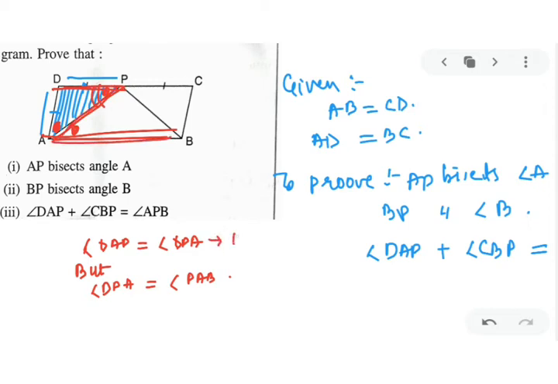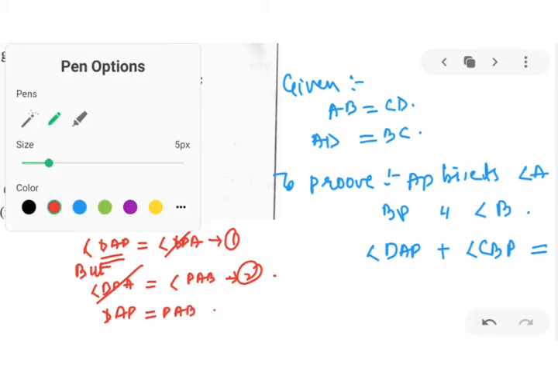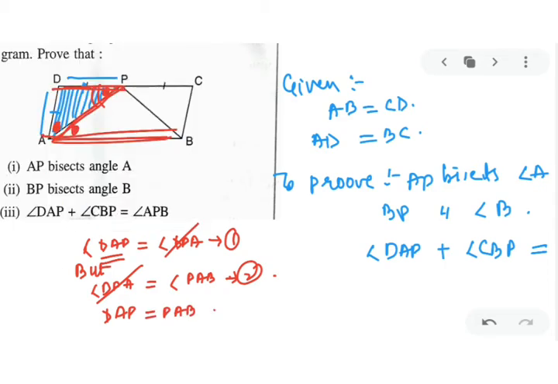In your first equation, you say DPA is equal to DAP. In your second equation, you say DPA is equal to PAB. So here you can cut DPA. So what will be remaining? That DAP is equal to PAB. That means this angle DAP is equal to PAB.